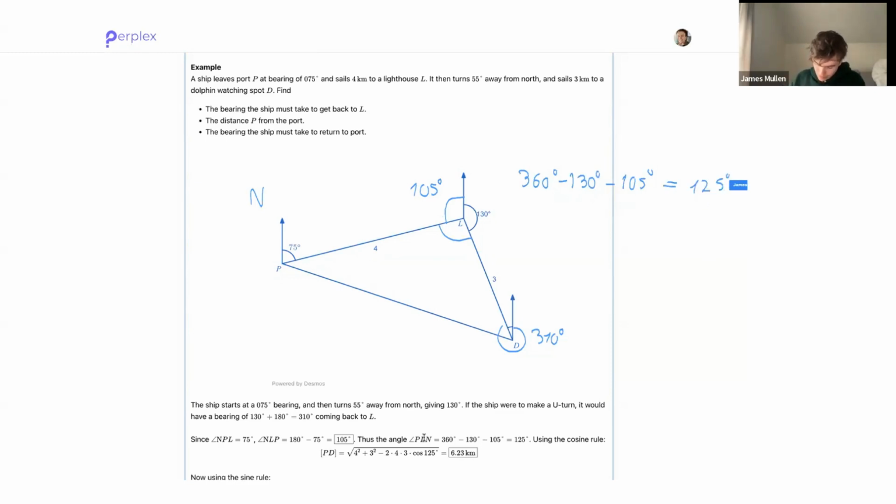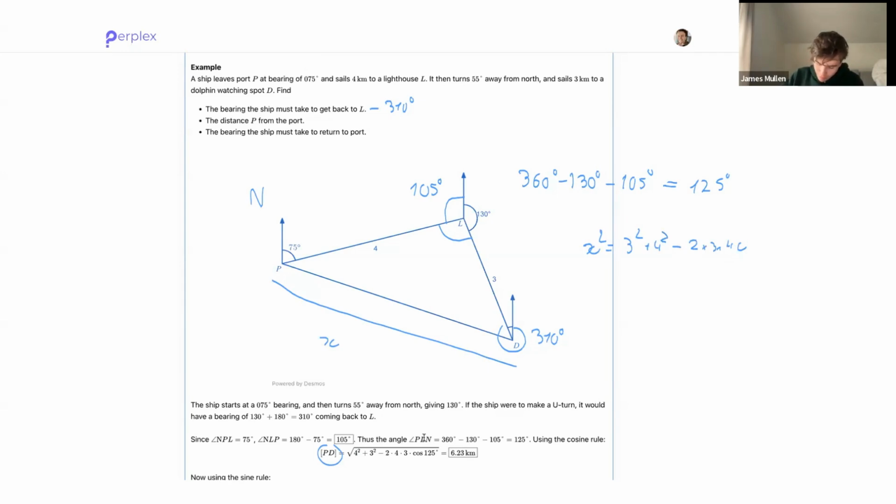Okay? And now we're going to have to use our cosine rule to find this distance PD. Because we already answered this. This was 310 degrees. Now we're trying to find its distance from the port. So I will do cosine rule. I know that if I call this x here, that x squared is equal to 3 squared plus 4 squared minus 2 times 3 times 4 cosine of PLN, which is 125 degrees.